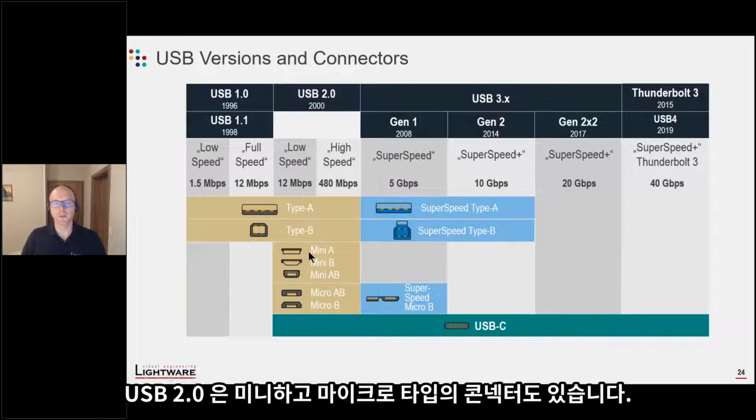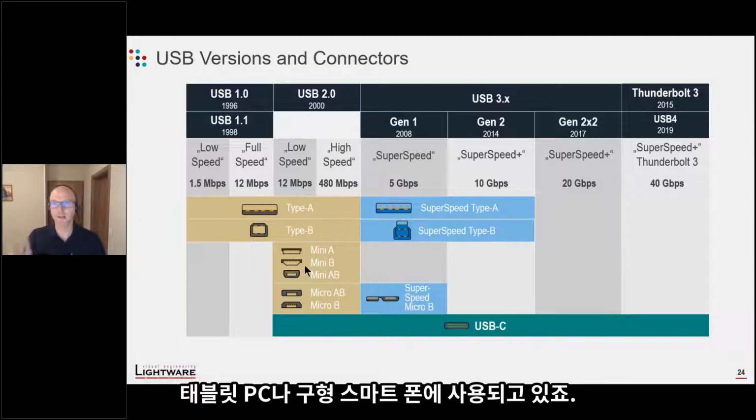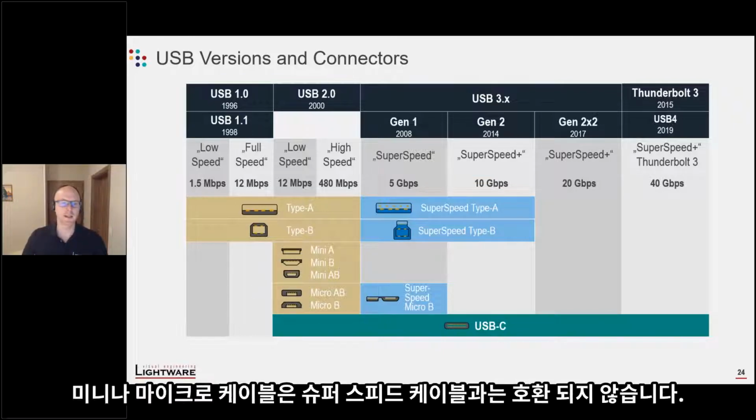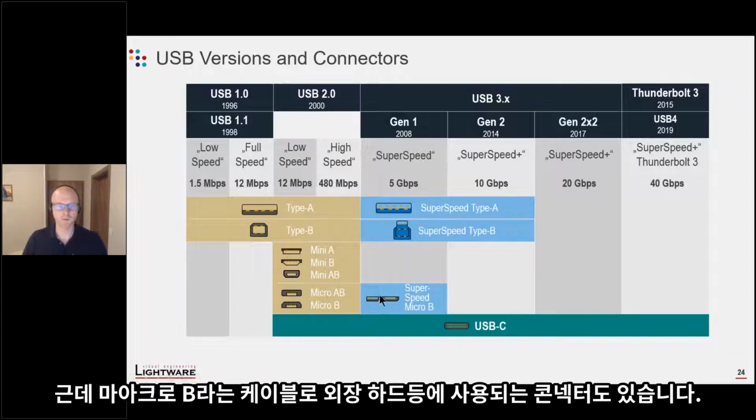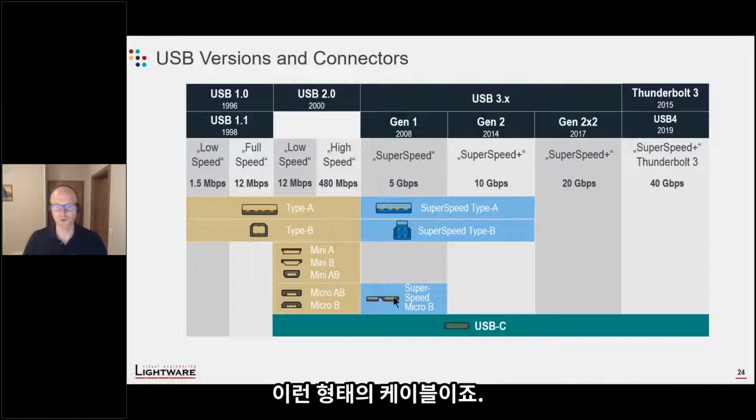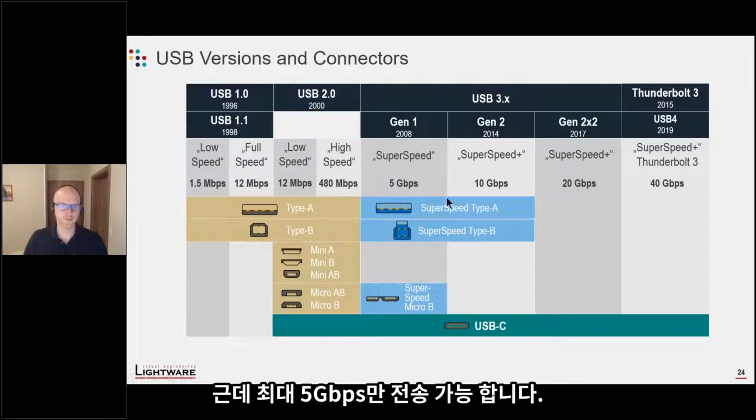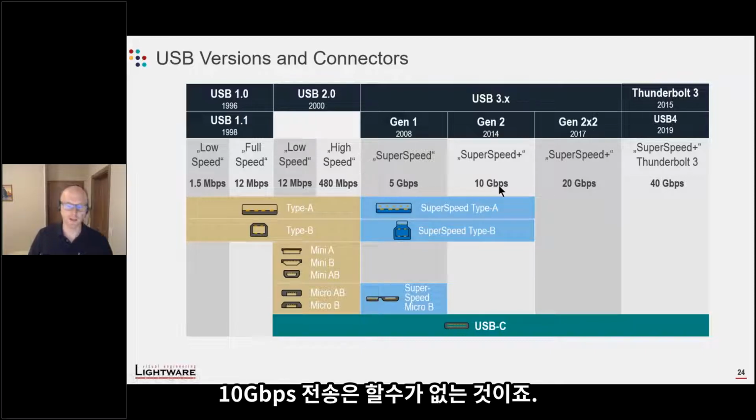USB 2.0 had mini and micro USB connectors as well. Some tablets and smartphones used micro USB connections. The mini connectors were not carried over to SuperSpeed USB, but the micro connectors were. I have an external hard drive which uses this kind of connector, but that only went up to 5 gigs, so it couldn't be used for 10 gigs.